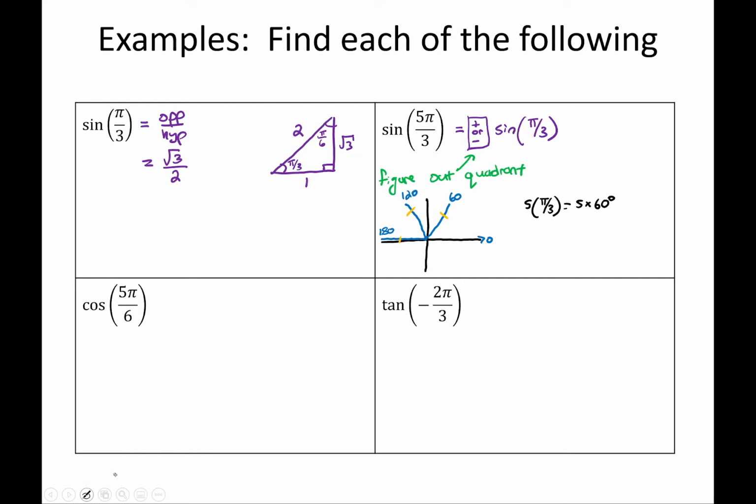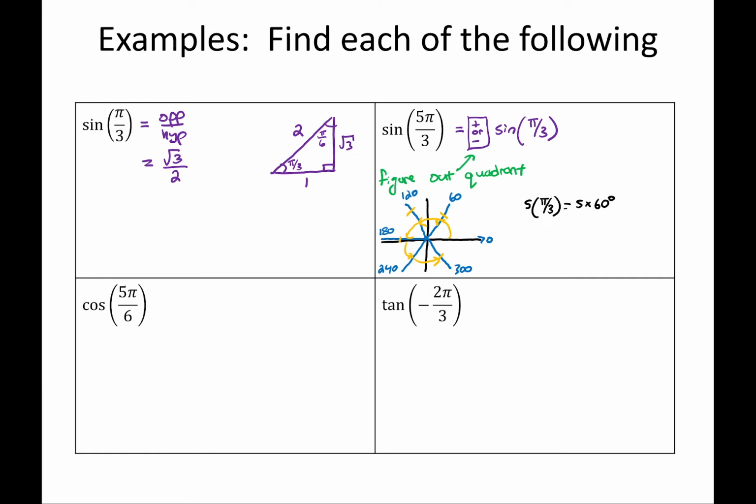We need 2 more. 240. We're down here at 300. So you may have done these types of diagrams with the little arrows, spiral diagrams. Everyone teaches this differently.